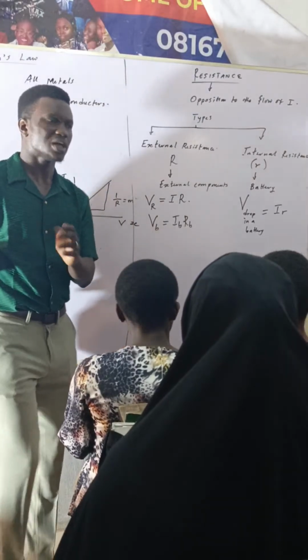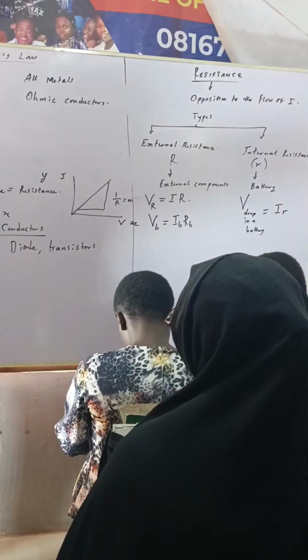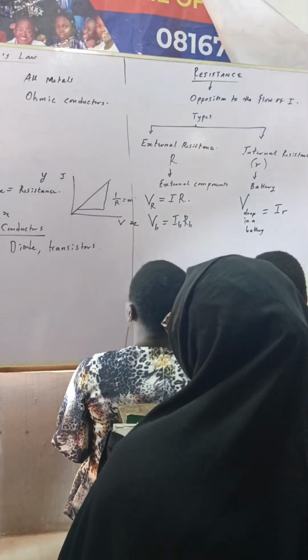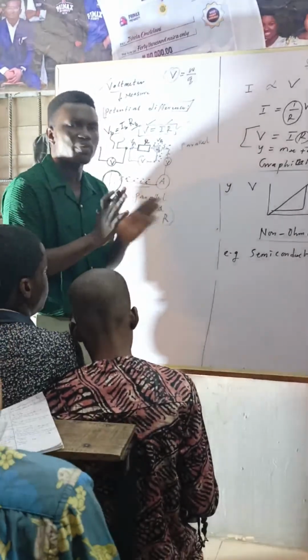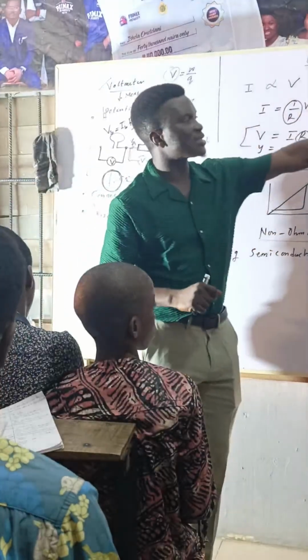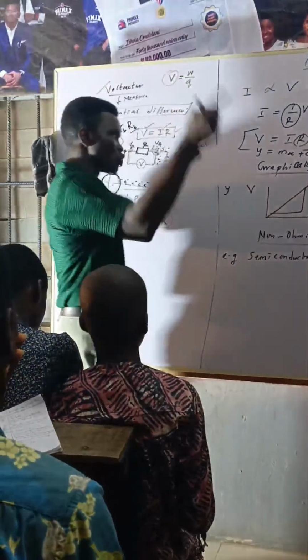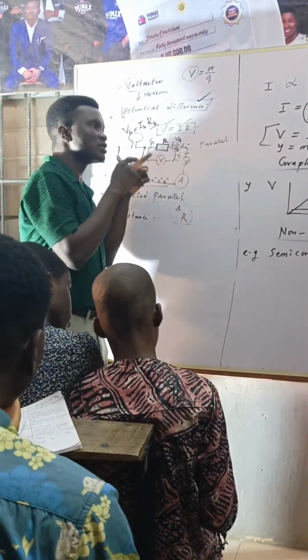I'm coming back to that. Electricity is simple, it all goes into each other. What I've said so far is not even that difficult. You just need to understand these things little by little. So now that we know what resistance is, let's go back to potential difference and EMF.